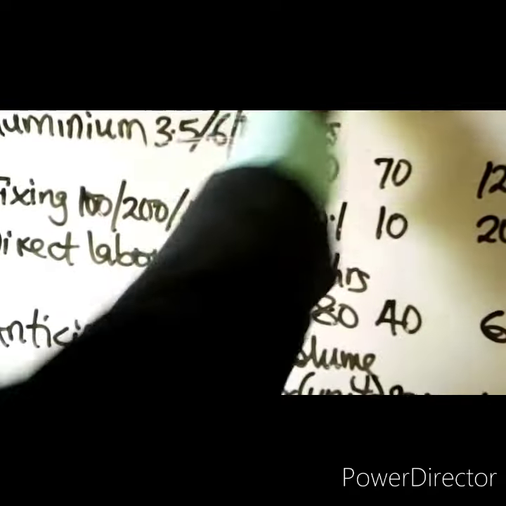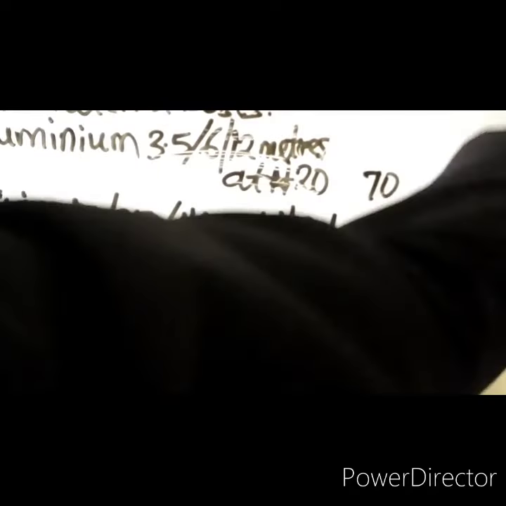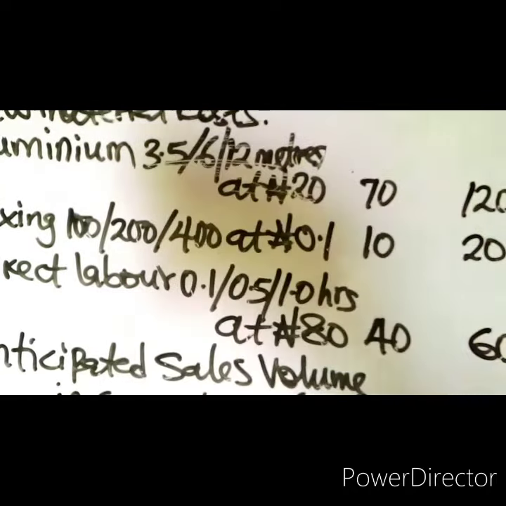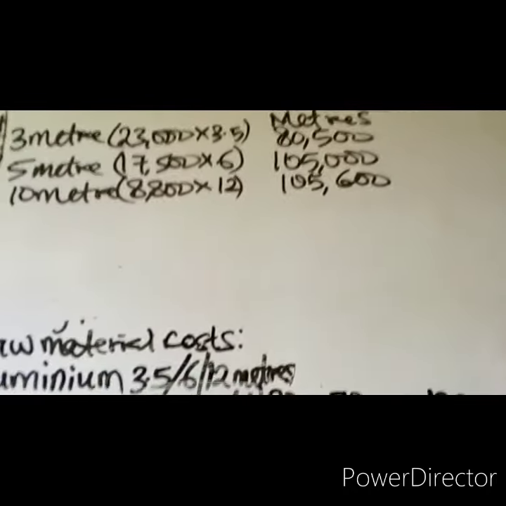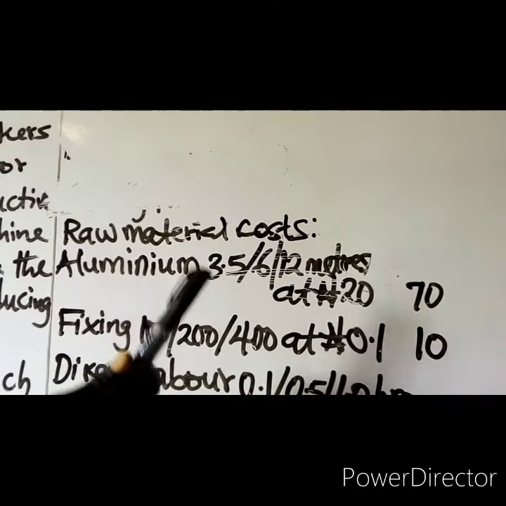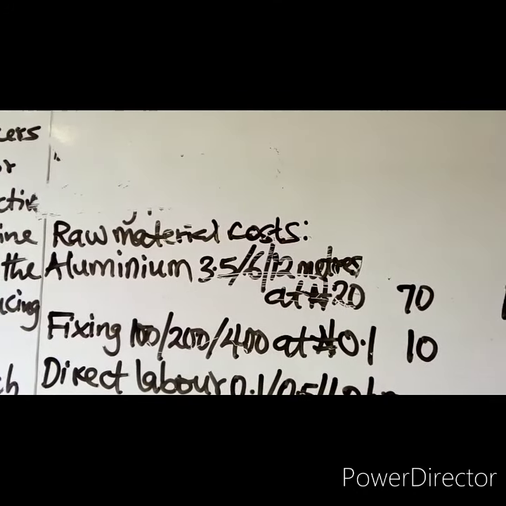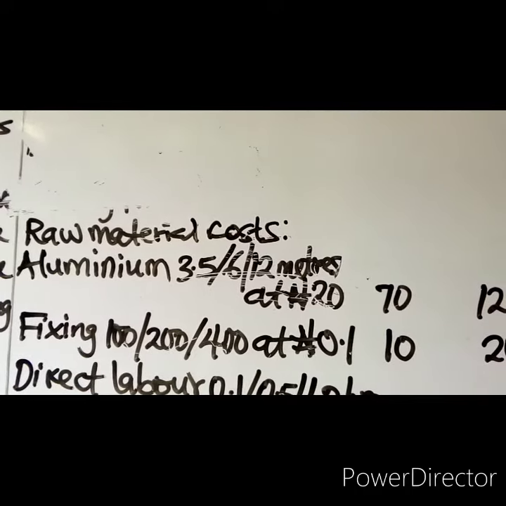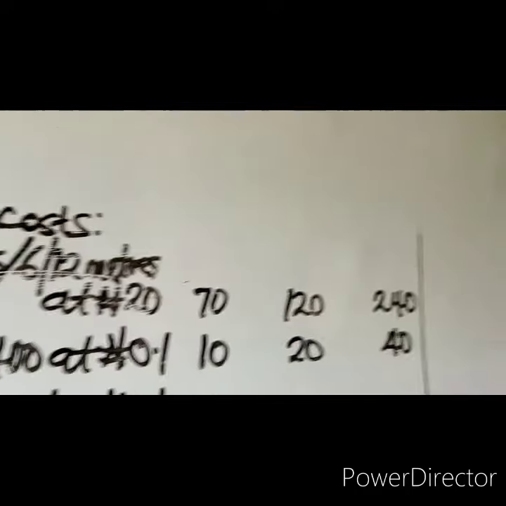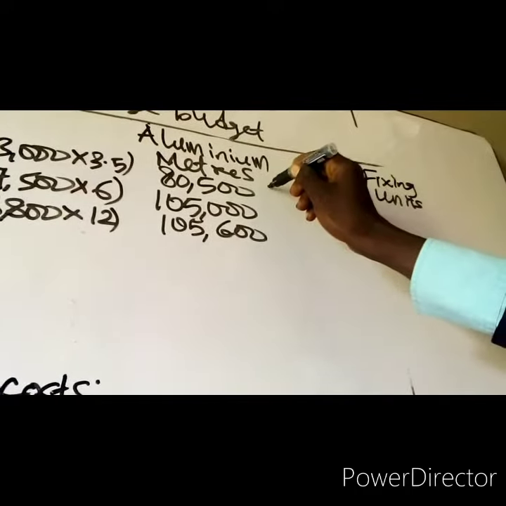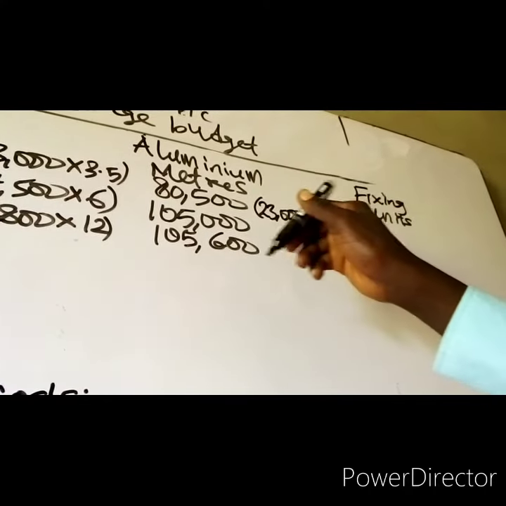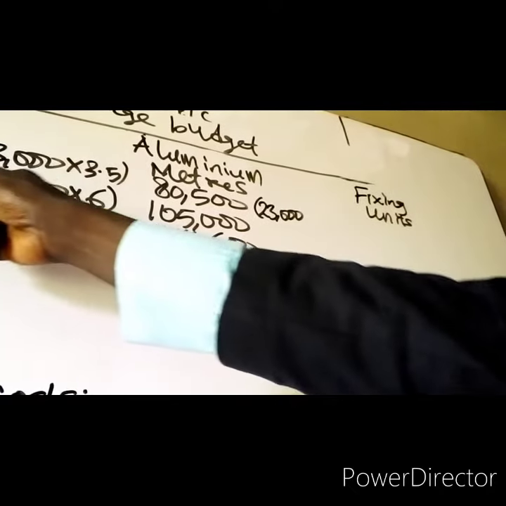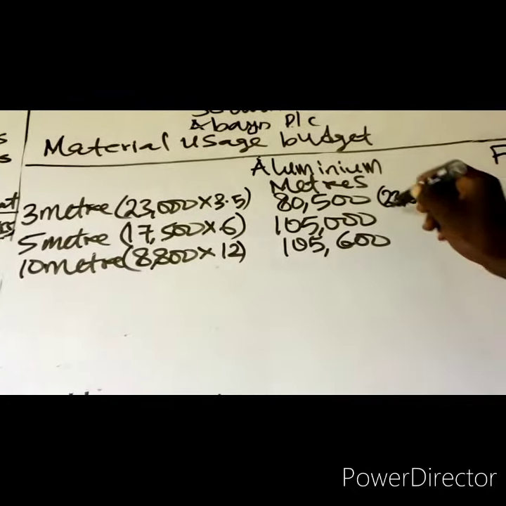Then the next one is fission. Now, the usage of fission, we have 100, 200 and 400. For 3 meter, the production is 23,000. For 5 meter, the production is 17,500.